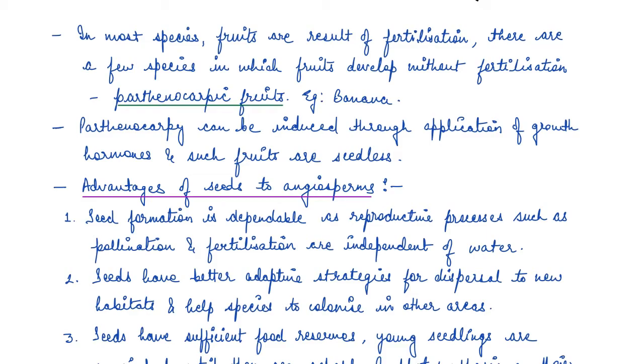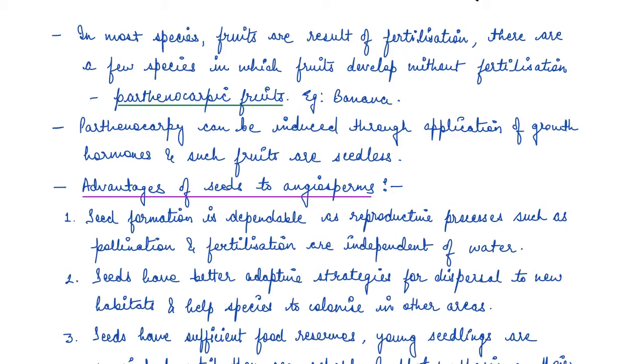We saw in the previous videos the process of formation of seed without fertilization, known as parthenogenesis. In the same way, fruits that develop without fertilization are known as parthenocarpic fruits.